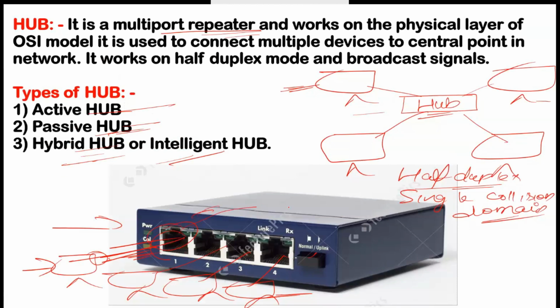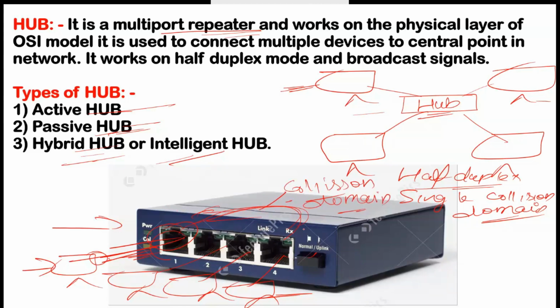After that, internally it will transmit the data from the first port to the fourth. That path is called the collision domain, by which your data will transmit internally in the hub.